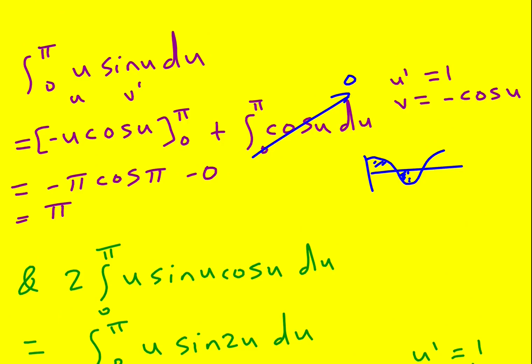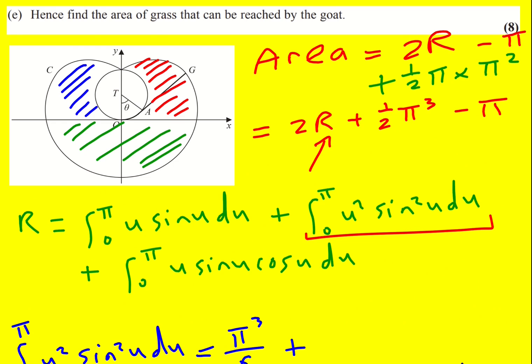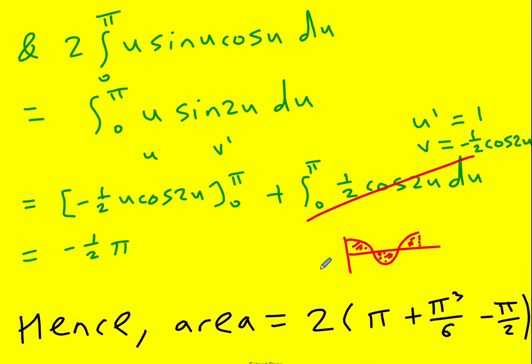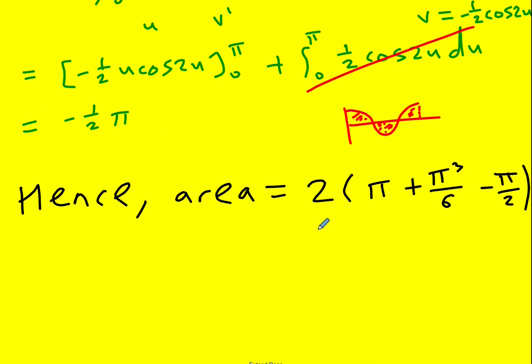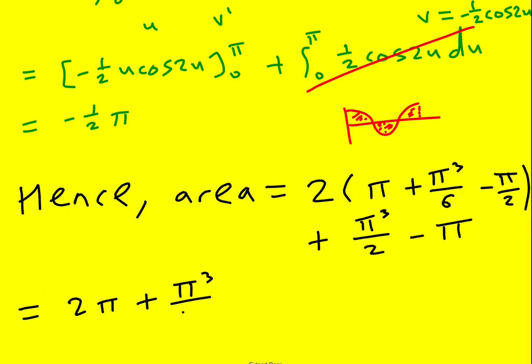Okay, that's the 2r part. Then we've got plus a half pi cubed, and then we're minusing pi. So that will be 2 pi plus pi cubed over 3 minus pi plus pi cubed over 2 minus pi.